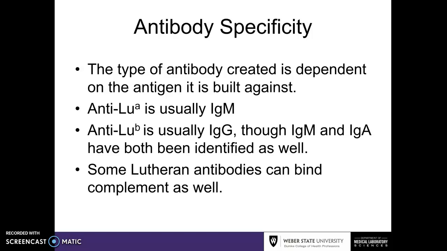Anti-Lutheran B, however, is usually IgG, though there have been some IgM and IgA antibodies identified, and IgG is usually reactive at the AHG phase. And some Lutheran antibodies have been found to bind complement, though there are very few examples of in vitro hemolysis.